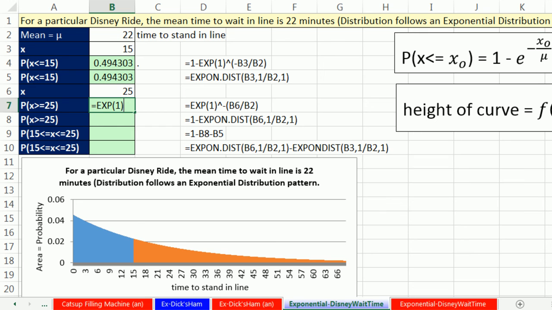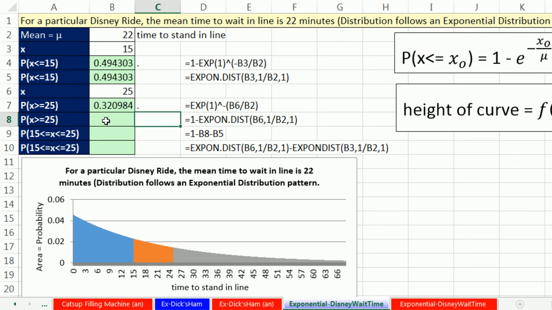And we're going to simply raise it to minus, open parentheses, our particular x divided by our mean time, close parentheses, and enter. So the probability that we'll stand in line 25 minutes or greater is 0.32. If I add this to the chart down here, it's everything above.